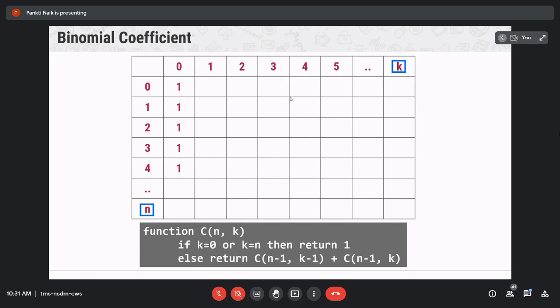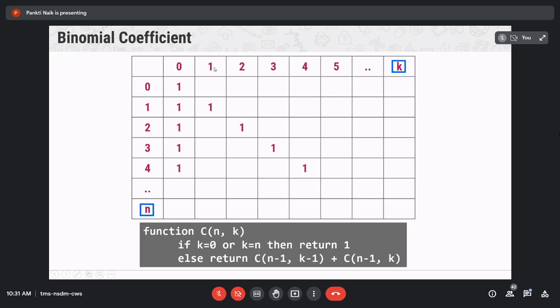Whenever n is equal to 1 and k is equal to 0, it is 1, because for k equal to 0 it will return 1. This value indicates the binomial coefficient value. So whenever k is equal to 0, the binomial coefficient value will be 1. Now whenever k is equal to n, then also the binomial coefficient value is equal to 1.